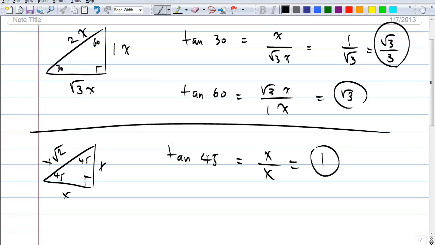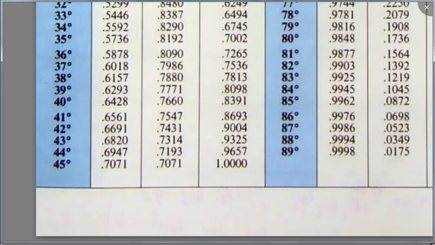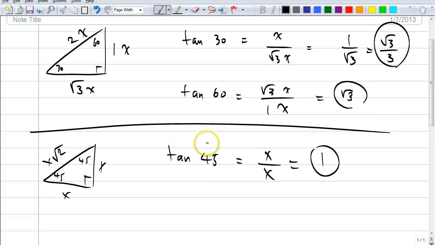Anyway, let's go to tangent of 30 degrees. Can somebody punch this in your calculator and round it to the nearest 10,000ths? Because that's what they go up to, the 4th digit here. So what is rad 3 over 3? What does it come out to? Let's see if this table is correct. Raise your hand if you have it. Yes, sir. What did you get?